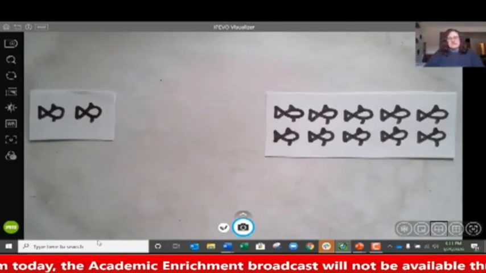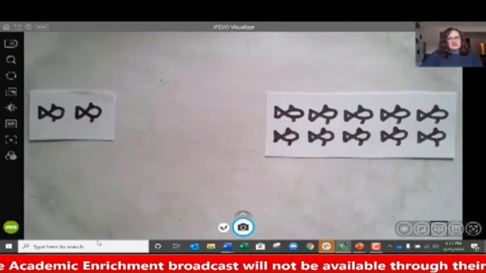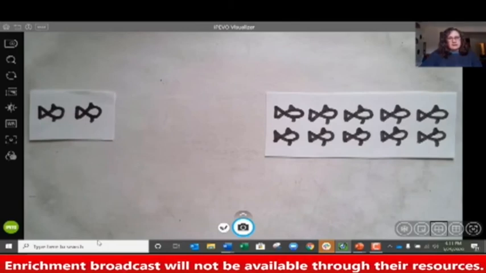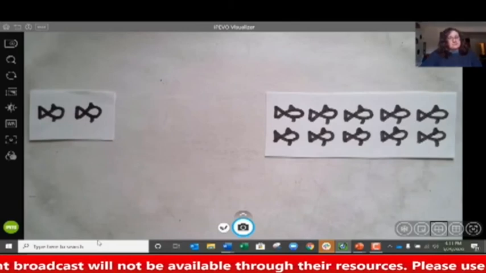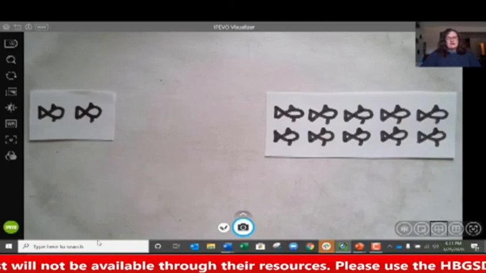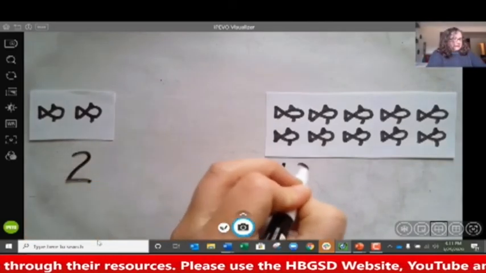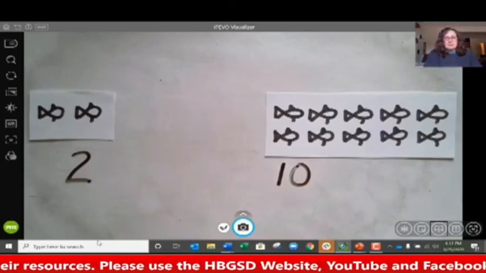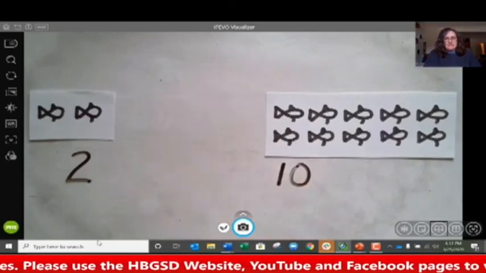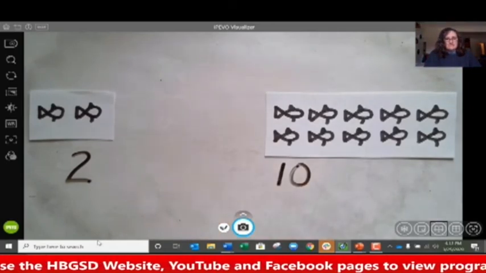Before we finish our time together today, I want to take a moment and go back to our first story. Do you remember the first alligator who was really hungry swimming in the pond? We compared the numbers 2 and 10. What symbols did we use today to compare numbers?